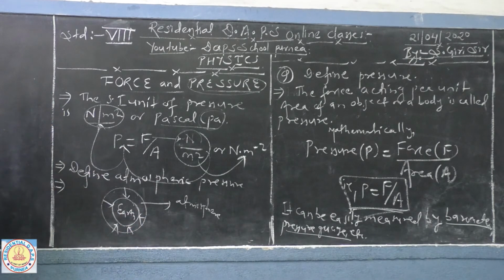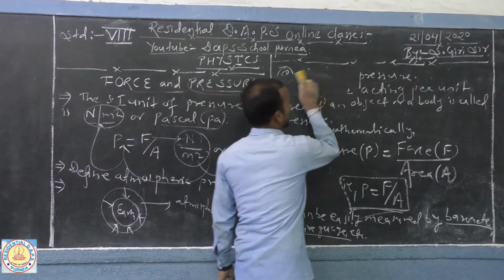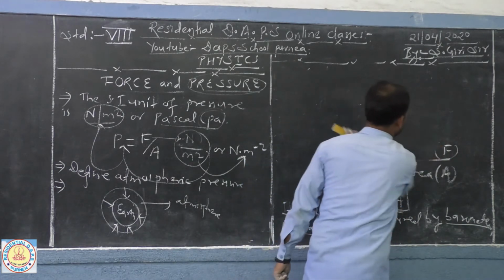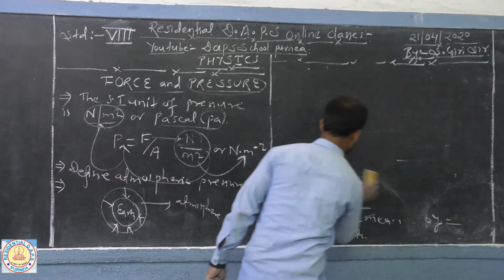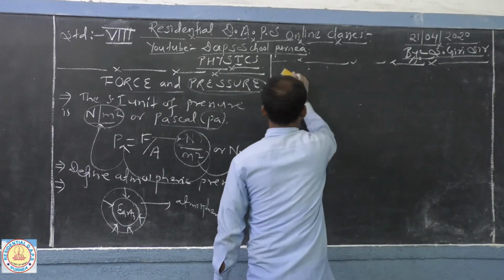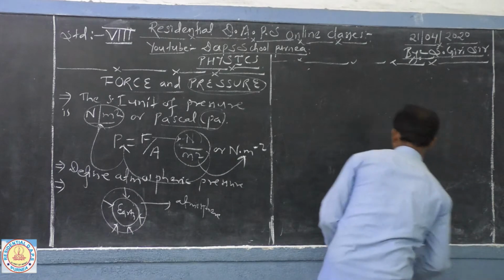Simply write the definition here: the pressure exerted by the atmosphere on the earth or on us is known as atmospheric pressure.